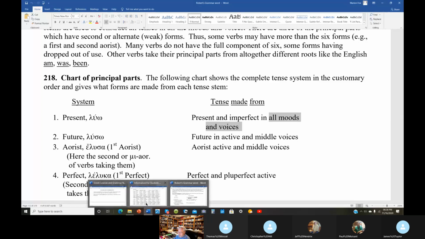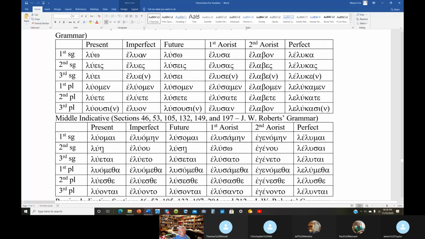Let's go back over and look at the imperfect now. The imperfect has the same as the present stem, lu in this case, puts an augment on it all the way down. Then it has on, ace, a, or may have movable nu, omen, ete, on. And so notice here, ete and omatha are the same.